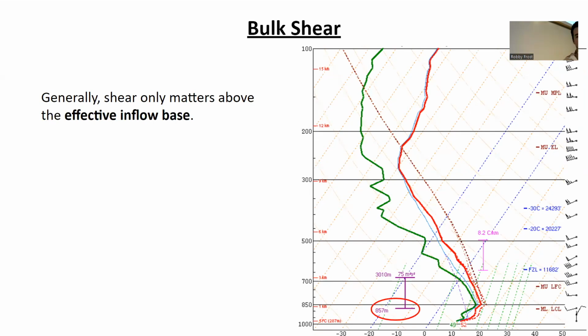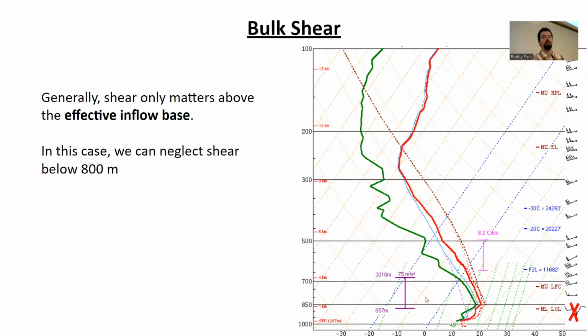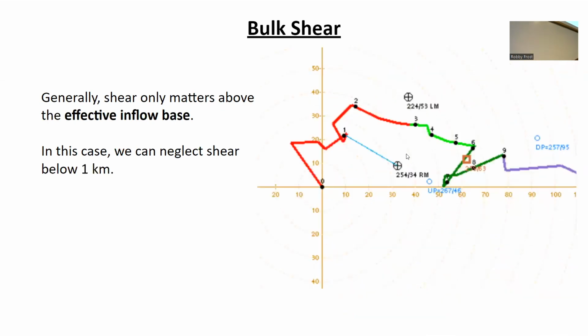So when we have a stable layer and this indicator telling us the inflow base is around 850 meters, we can neglect the winds below that level. Those winds are actually often substantial. You see this really big curve here in the lowest levels. We're going to get rid of most of that, and that's what we're left with.